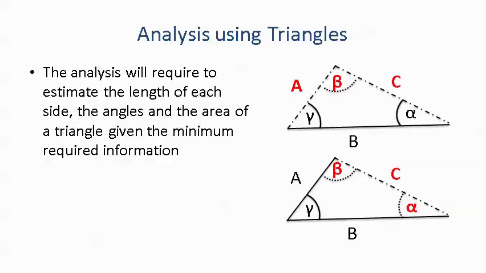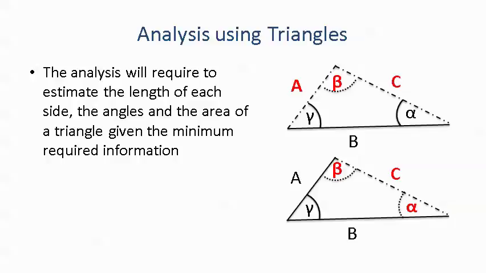And using that information, we will be able to identify the remaining information about the triangle, such as the sides and angles, or even be able to find the area of a triangle.